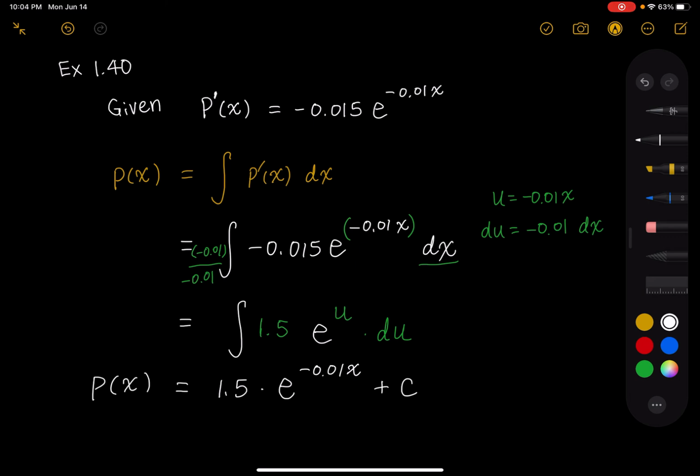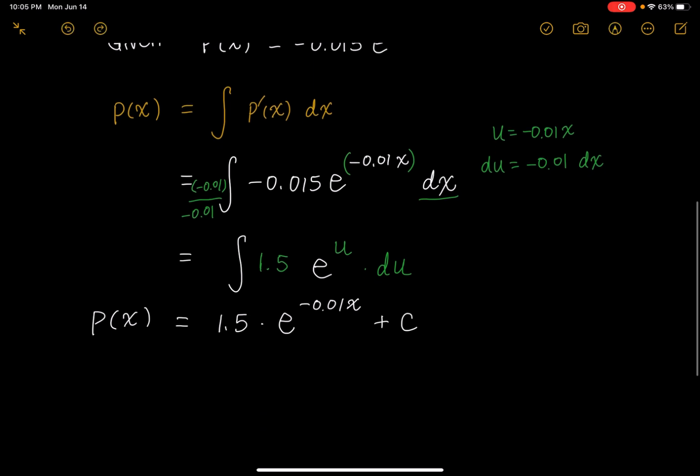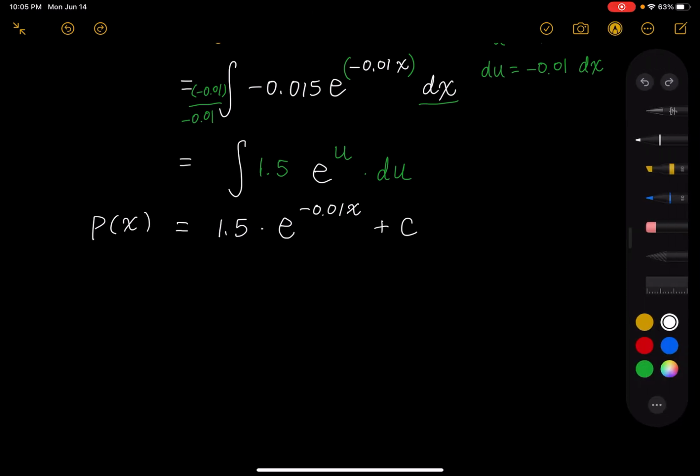So that is our price function. But because we don't know the value for c yet, we don't have the function just yet. So we'll need to go back to the question statement and see what information we have. Well, we are given that if it sells 50 per week, the price is 2.35.